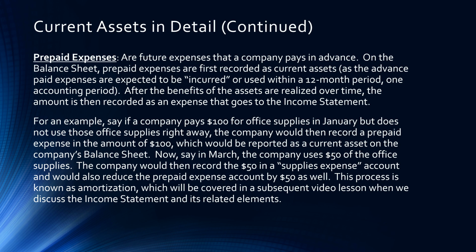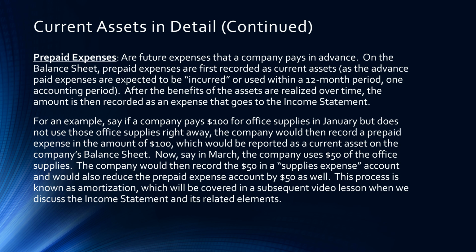For an example, if a company pays $100 for office supplies in January, but does not use those office supplies right away, the company would then record prepaid expense in the amount of $100, which would be reported as a current asset on the company's balance sheet.